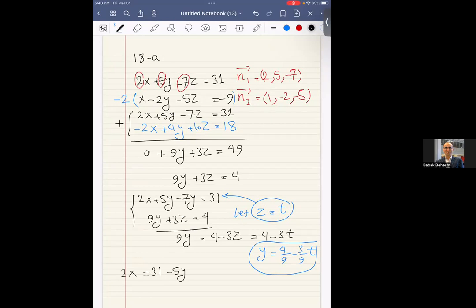Oh, sorry, that is 7z, not y. So 2x is 31 minus 5y plus 7z.